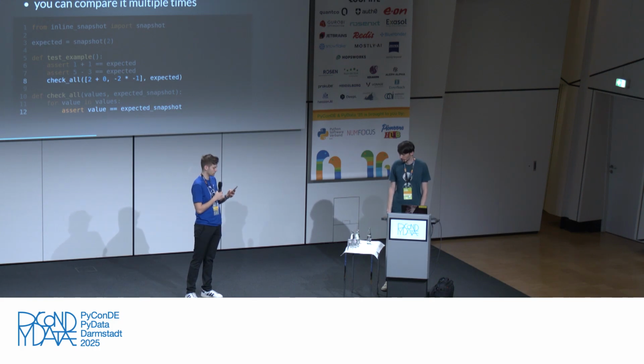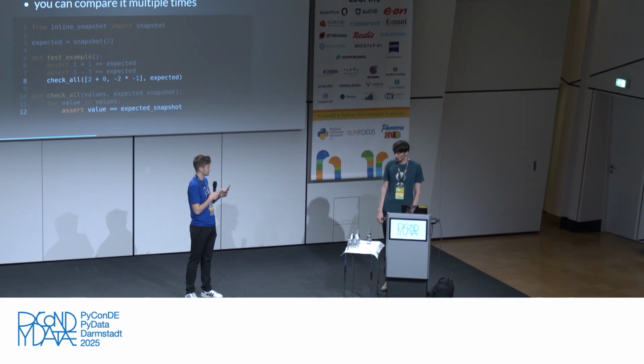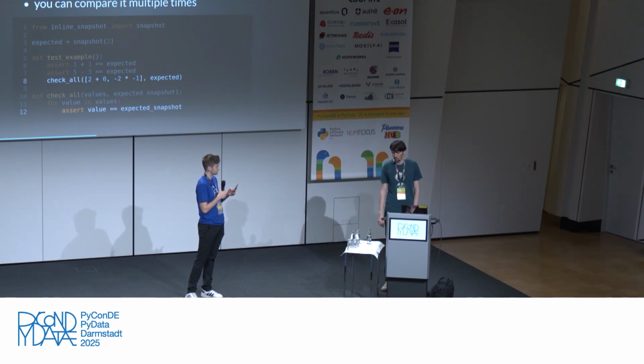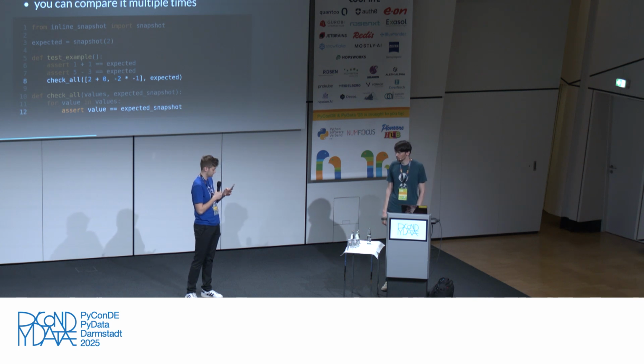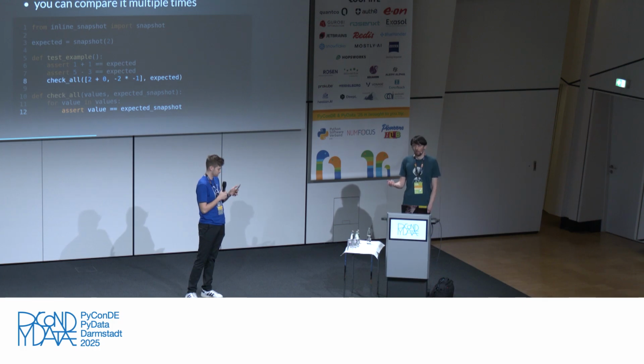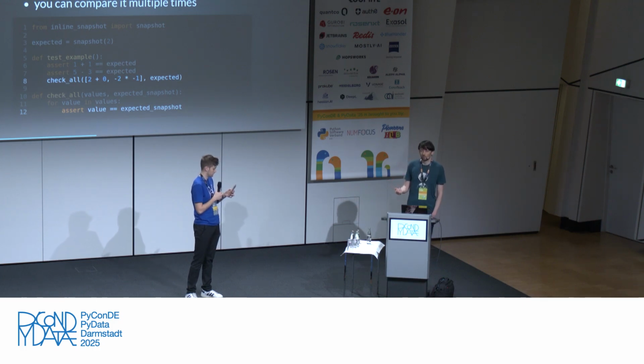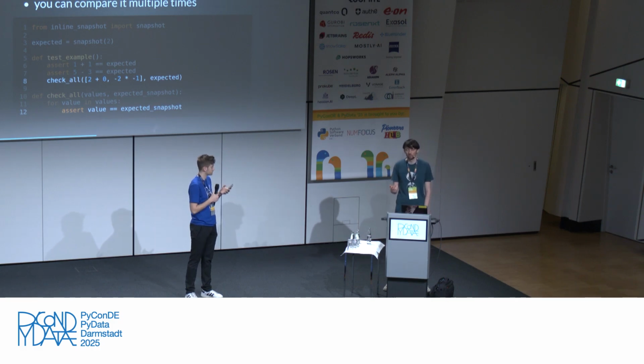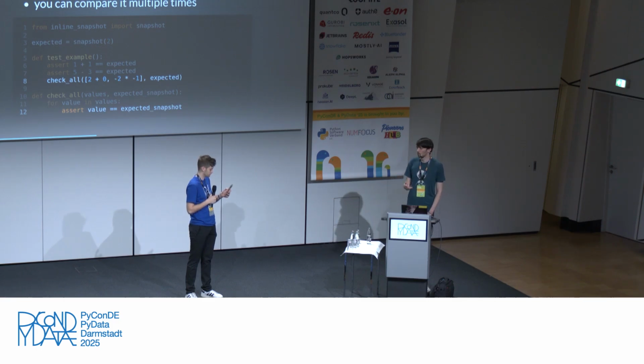So how do snapshots differ from writing fixture files for the expected values of a test? Fixture files, pytest fixtures, or custom snapshots. The big benefit is that you have a general API which you can use for all your tests. And you don't have to write all the serialization and storing of something in files by hand.